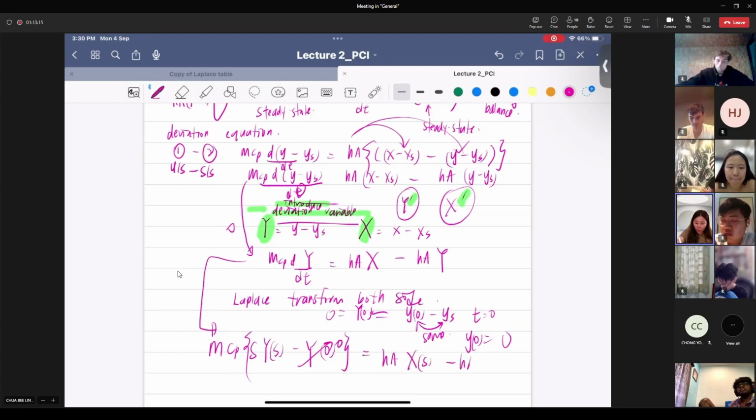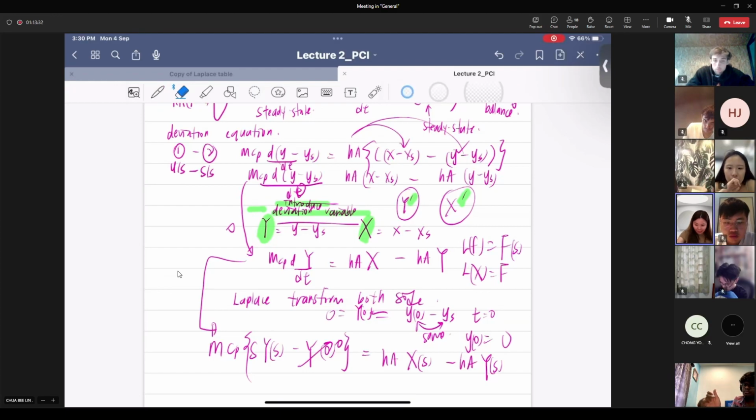When you Laplace the y, it will be YS. Just like you Laplace the F, you will get F of S, capital. When you Laplace the x here, you just need to change these to response of S, so it will be XS, something like this.